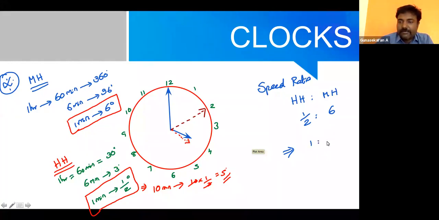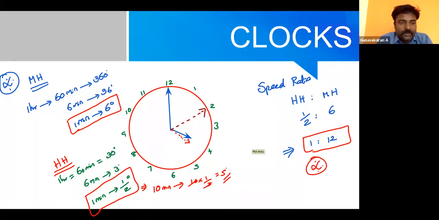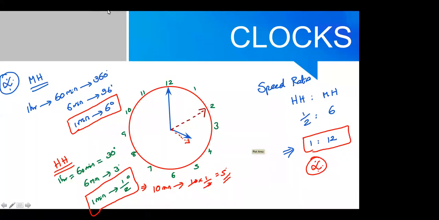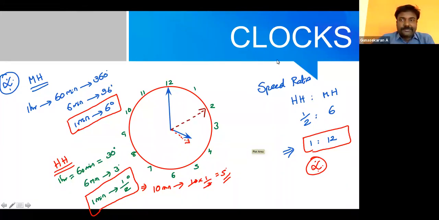Yes. The speed ratio of minute hand and hour hand is 1 is to 12. Okay. These 3 points are important. First note it down. Clear?